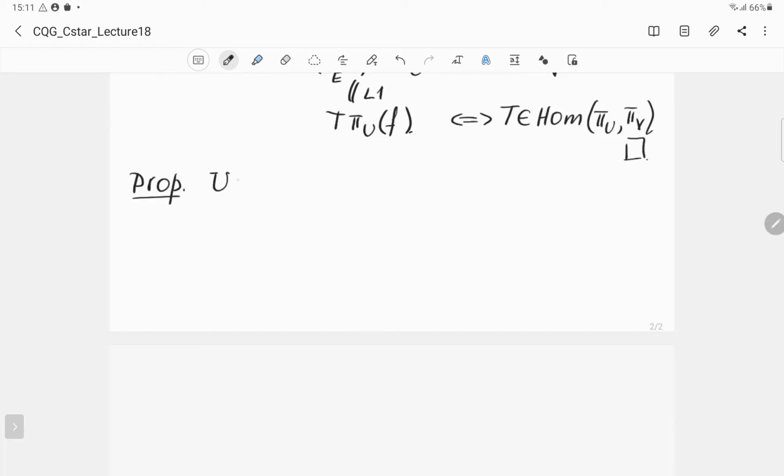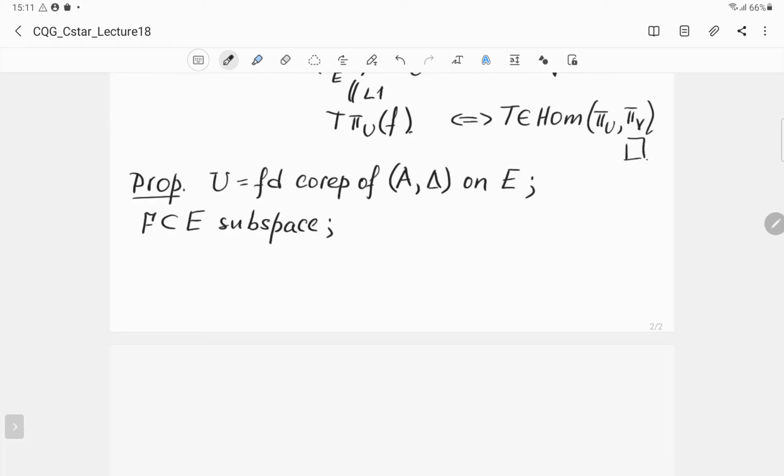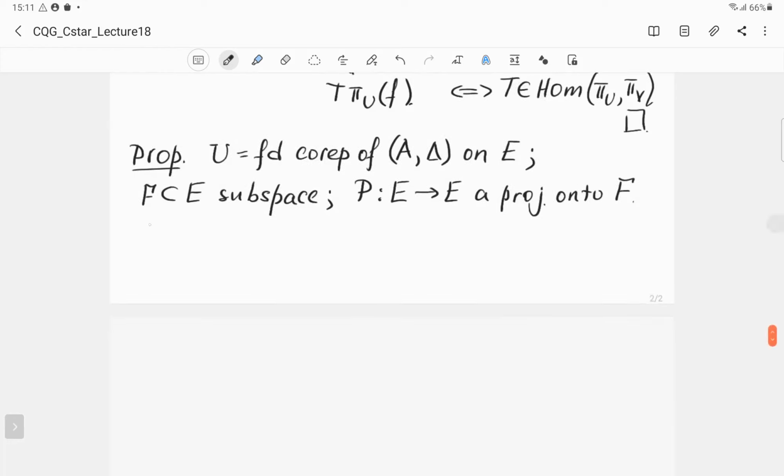Again, suppose that U is a finite dimensional co-representation of our compact quantum group, A delta, on a finite dimensional vector space E. Also, suppose that F is a vector subspace of E, and let P be any projection of E onto F. Of course, there are many such projections, so we can take any of them. Then the following conditions are equivalent.